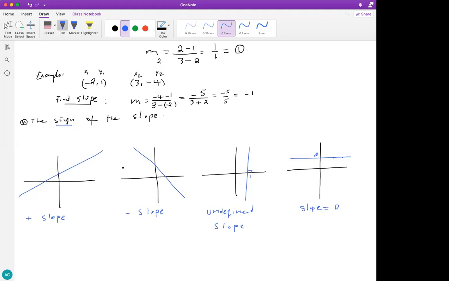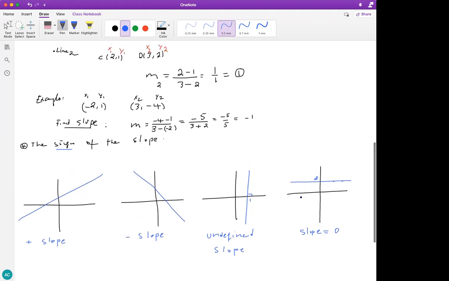So the sign, or the direction, the way the line goes up or down, at least gives us the sign of the slope. It may not give us the value. You will have to take 2 points, like we did earlier, to find the slope, but at least it gives you the sign. For these, we know the value: if it's vertical, it's undefined. If it's horizontal, the slope is 0.